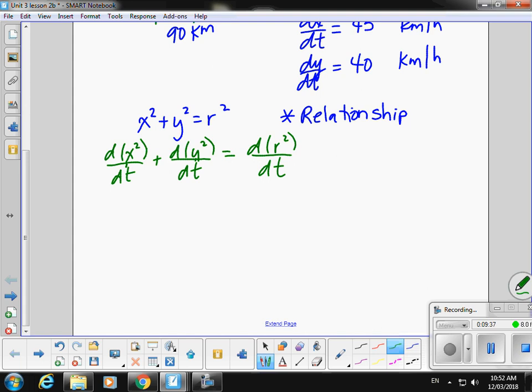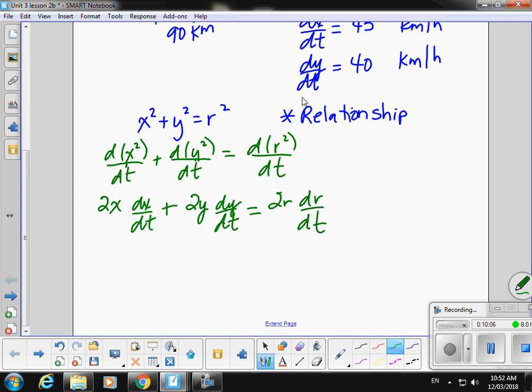The derivative of the first piece, the derivative of x squared is 2x. But I'm not taking the derivative with respect to x. The letters don't match, so don't forget the guts. 2x dx/dt. Plus, I'm taking the derivative of y squared with respect to t. So it's 2y dy/dt. Don't forget the guts. I'm taking the derivative of r squared with respect to t, 2r dr/dt.